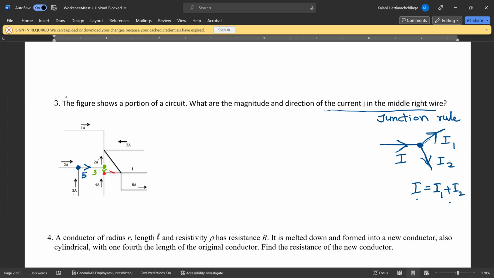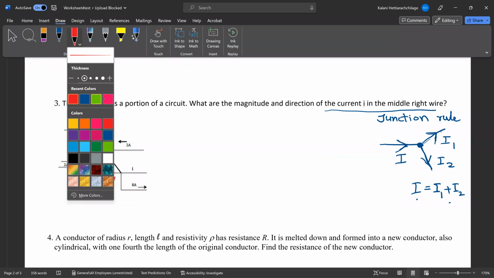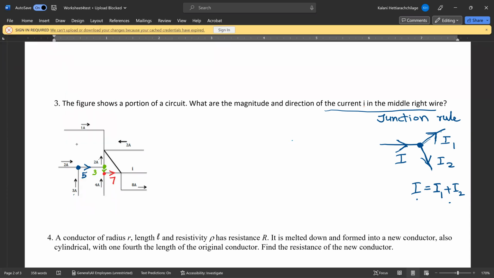So that means at this junction I have 7. Still I am not ready to go to the junction on the right because I have 2 unknowns. Now I need to move to the top and complete that puzzle, and then come back to the junction where we need the current.